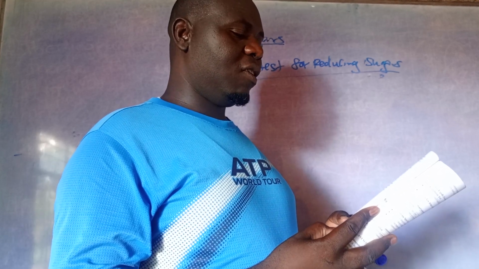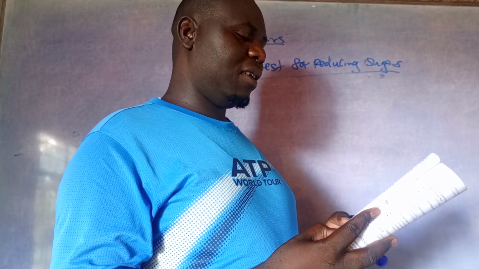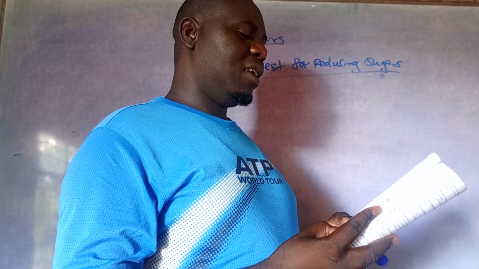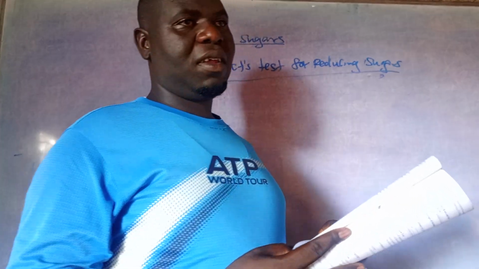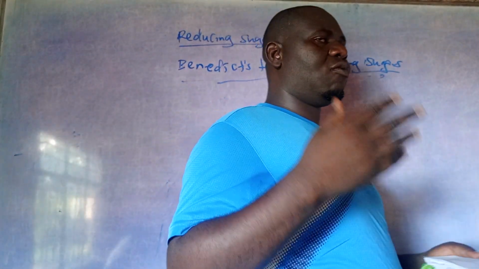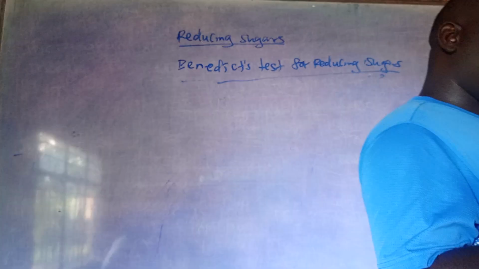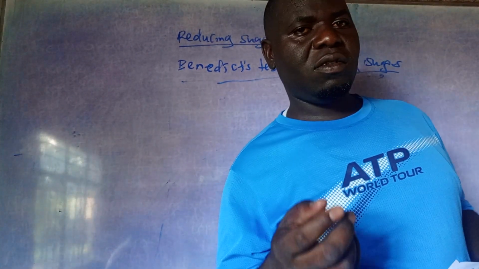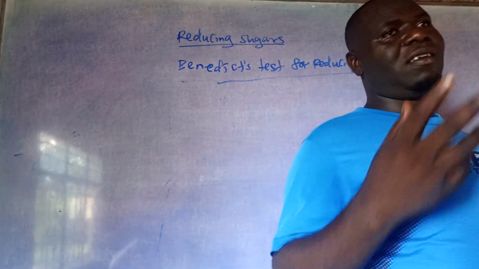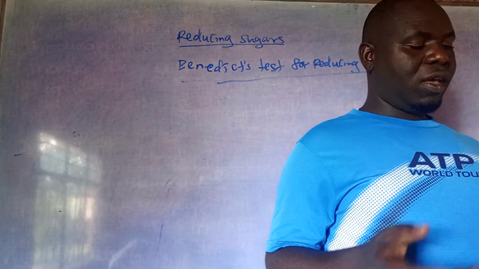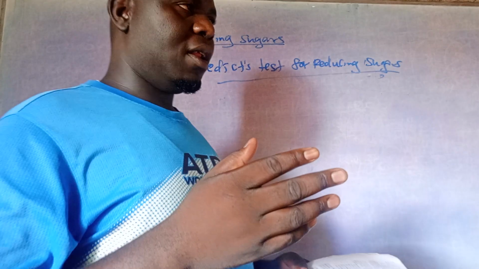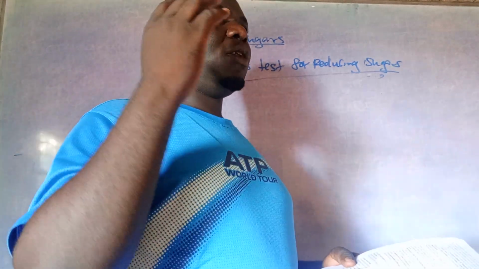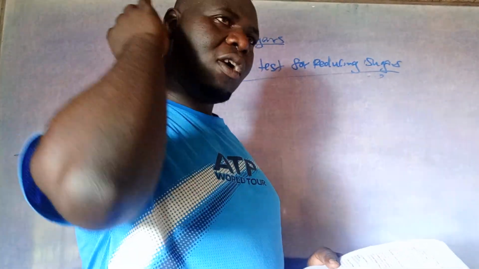Orange indicates that reducing sugars are present. And brick red indicates a high concentration of reducing sugars. So in short, the conclusion is that you only write the final color.